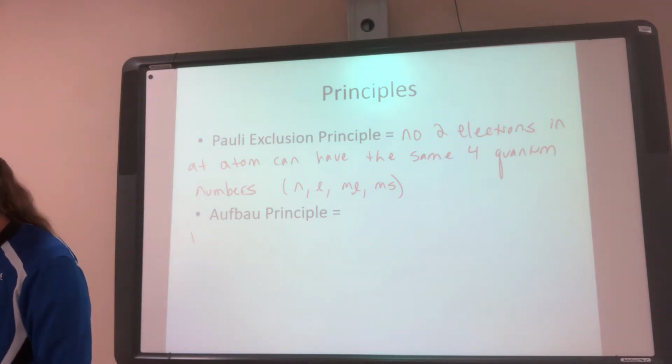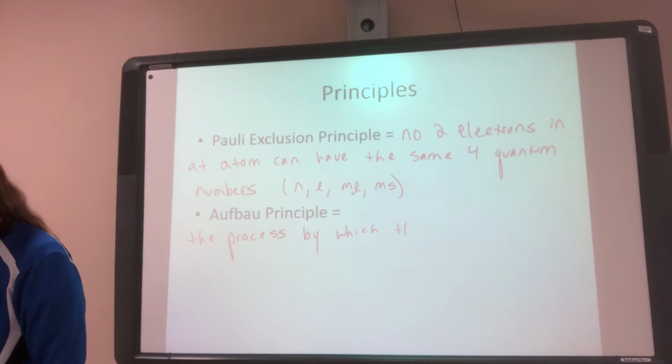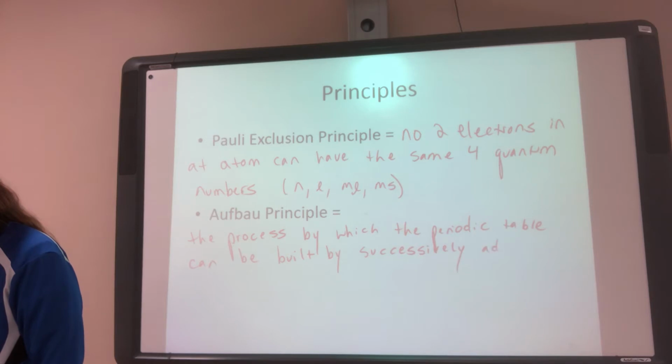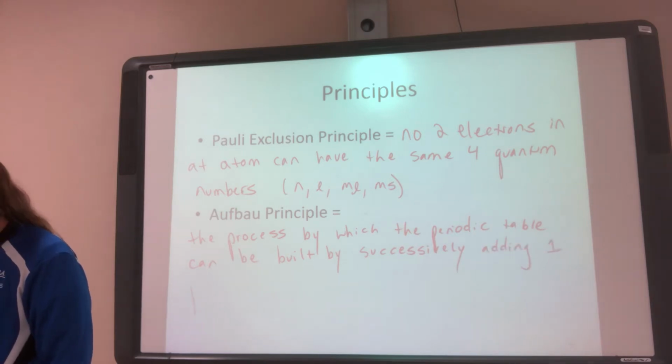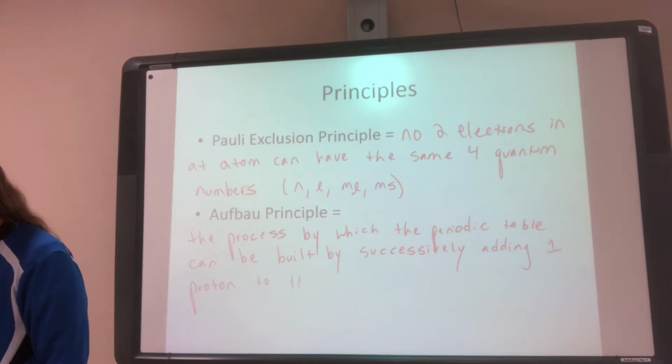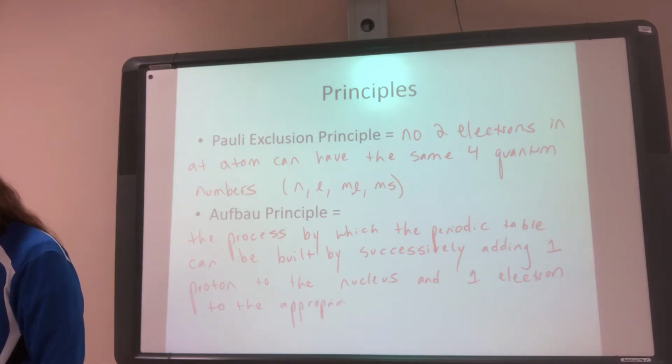So the Aufbau principle is the process by which the periodic table can be built by successively adding 1 proton to the nucleus and 1 electron to the appropriate atomic orbital.